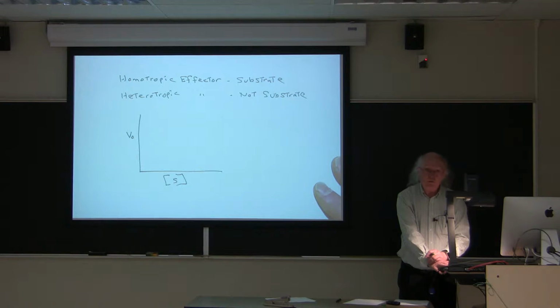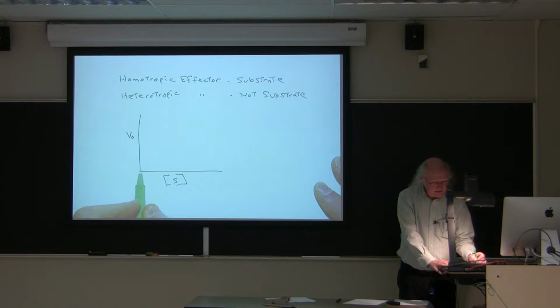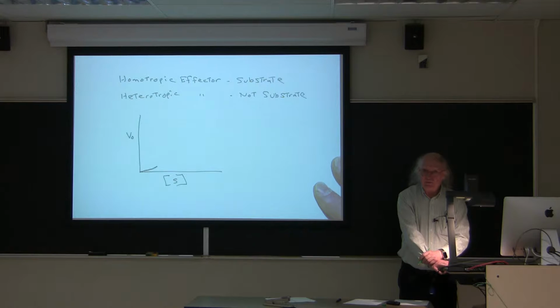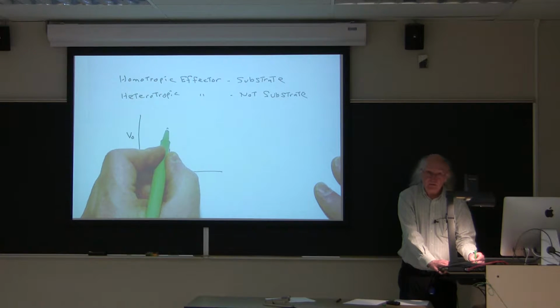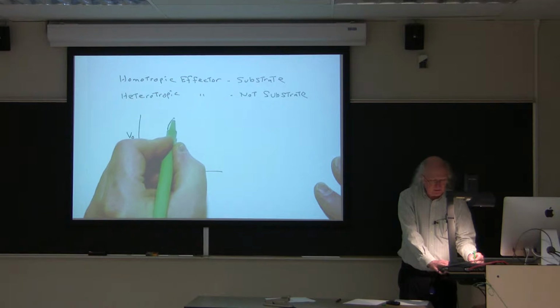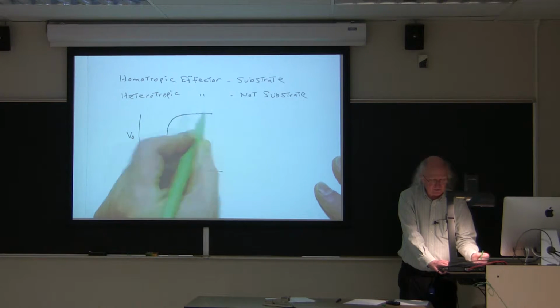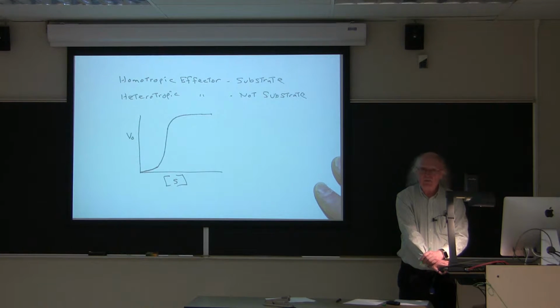And in fact, that's exactly what we see. We see a sigmoidal plot where the enzyme is fairly low in activity at low substrate concentrations, but as the substrate concentration increases, the enzyme changes from T to R, and we see the activity go up. As we get to high substrate concentrations, the enzyme starts to get saturated with substrate, and we see a sigmoidal plot very much like we saw in hemoglobin's binding of oxygen.